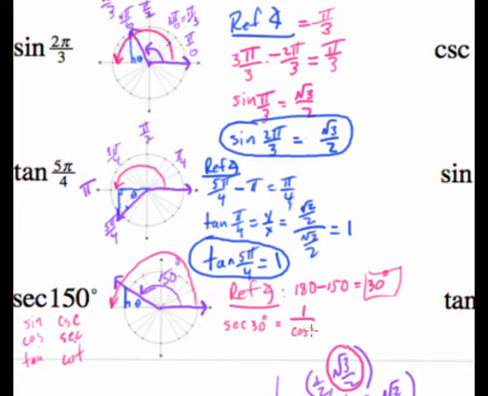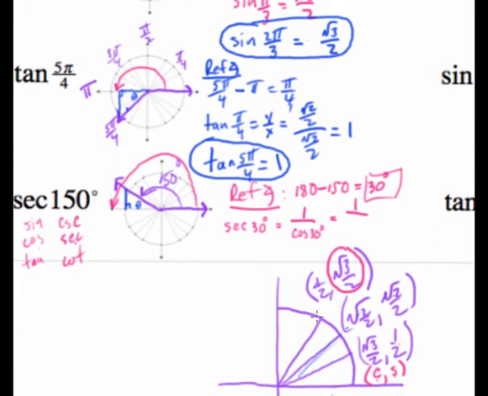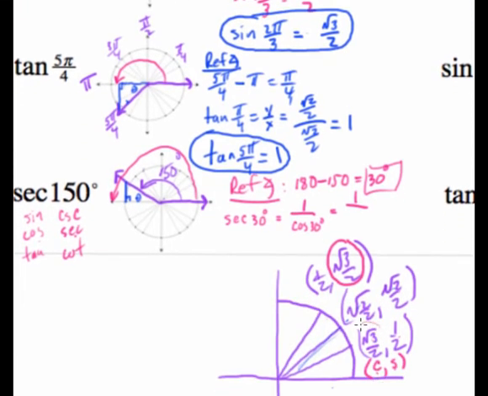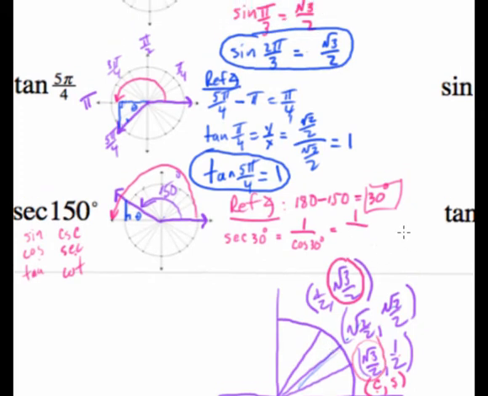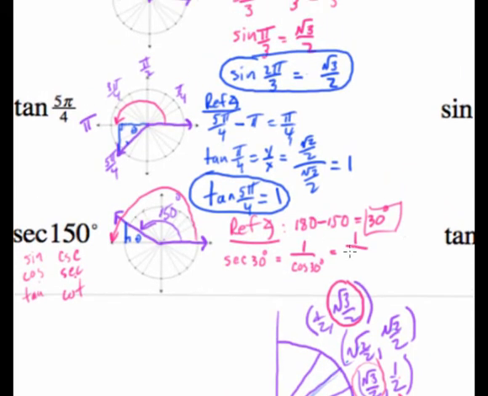It's just going to be the reciprocal. So it's 1 over, and all we have to do is know the cosine of 30 degrees. Again, from our unit circle, the cosine of 30 degrees is right there, square root of 3 over 2. So we're going to take square root of 3 over 2 right there.